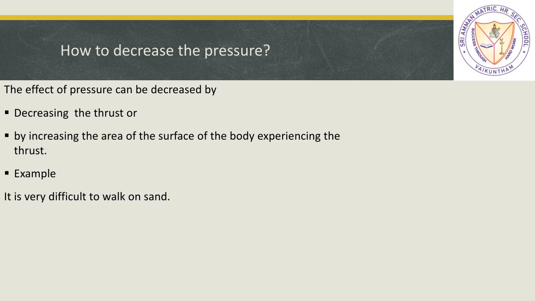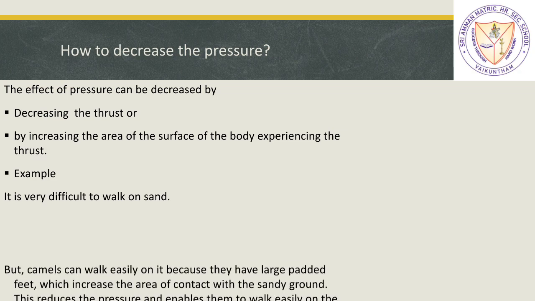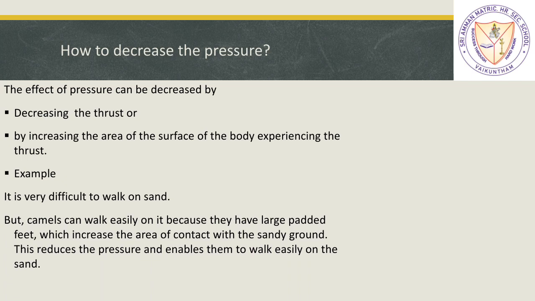Okay, example. It is very difficult to walk on sand, right? But camels can walk easily on it because they have large padded feet which increase the area of contact with the sandy ground. This reduces the pressure and enables them to walk easily on the sand.